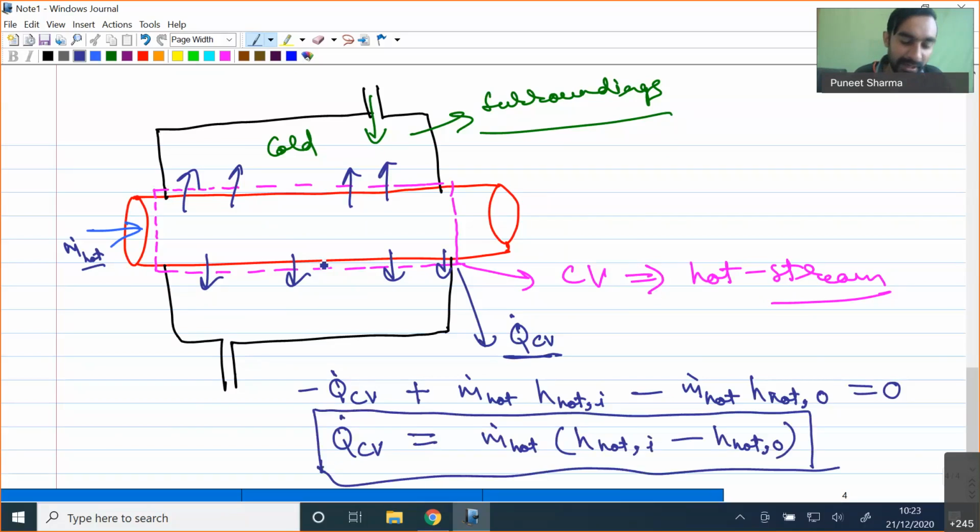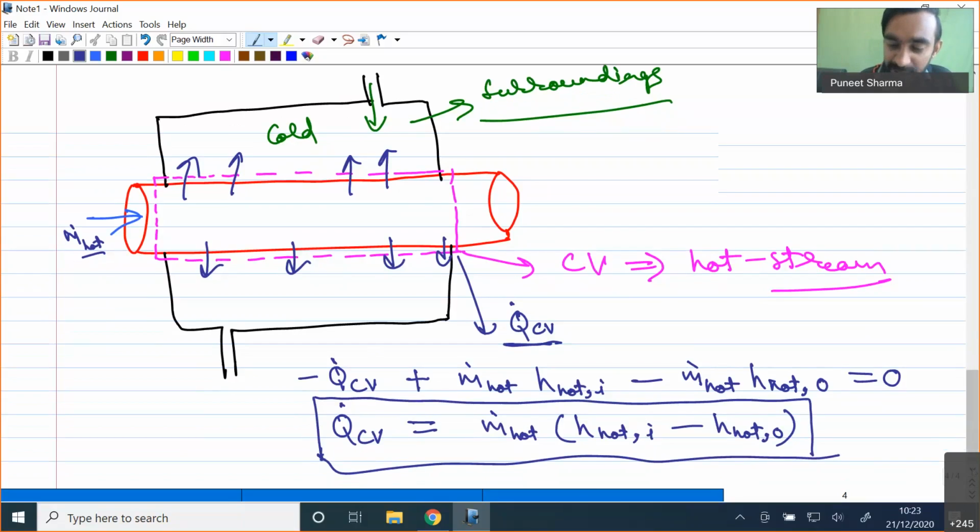In a similar way, if you only consider your cold medium as the control volume, you will find Q C V equal to m dot C into H C O minus H C I, and ultimately we will get the balance situation as I have shown you earlier when we took the entire thing as our control volume.